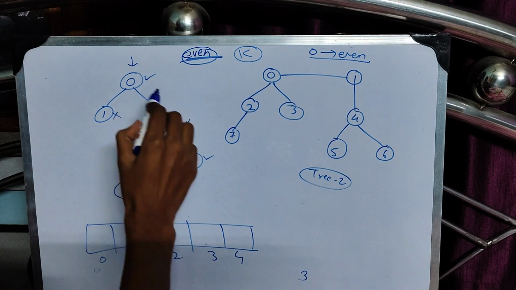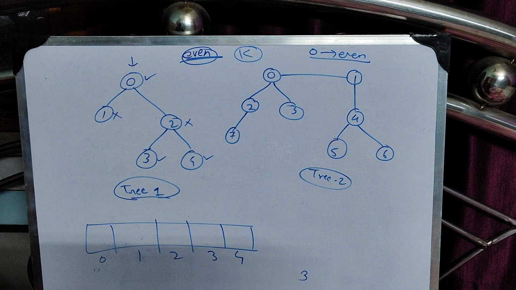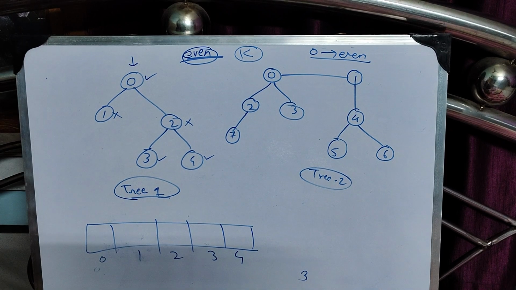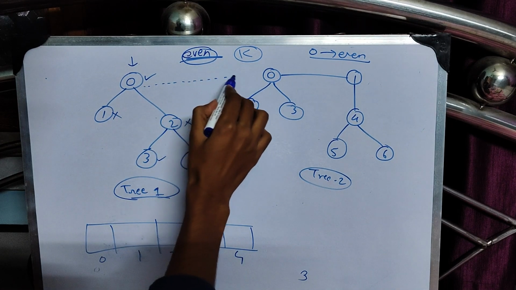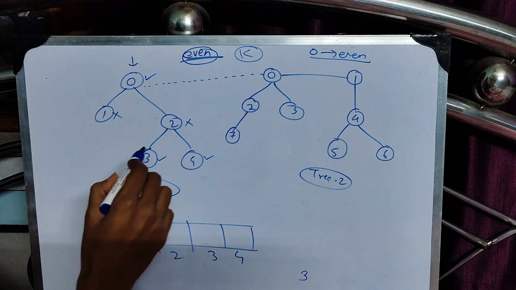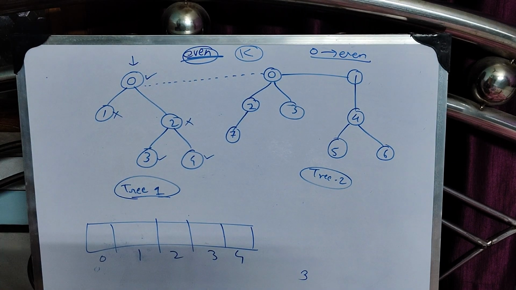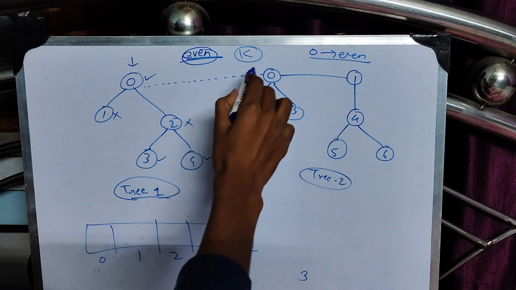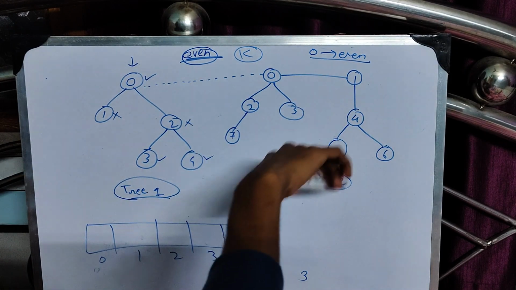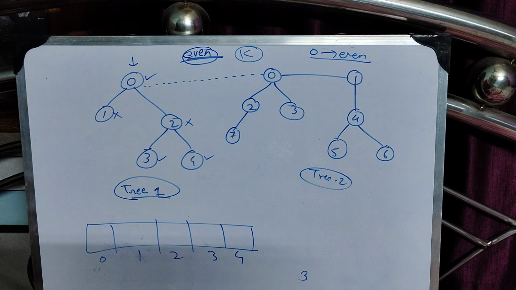And if I connect it like the previous question, we need to find the golden node from tree 2. How can we find it here? Suppose from 0 of tree 1 we connect an imaginary edge to the 0 of tree 2. As you have connected, we now need to calculate how many nodes are present in tree 2 that have an even number of edges from 0.